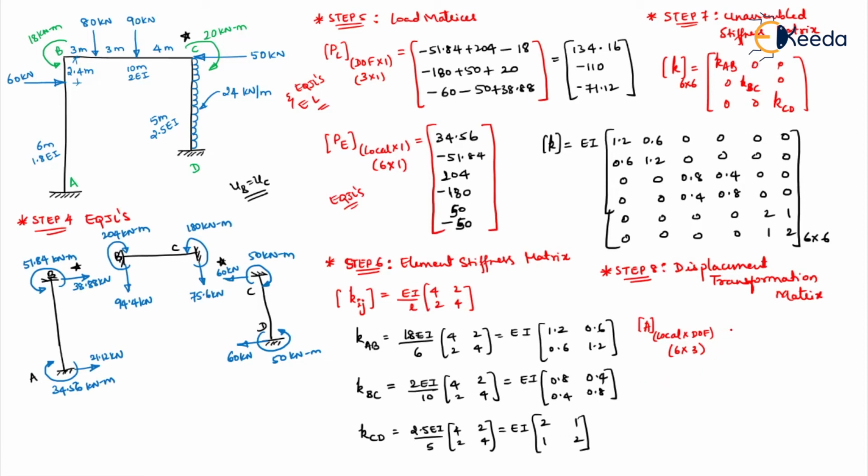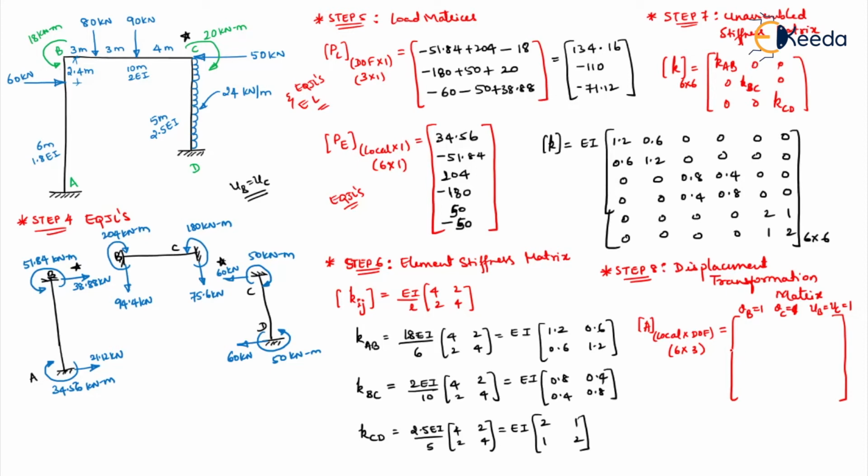So what you will do is at each global coordinate you will try to apply your unit displacement. So here theta b will be 1, then second theta c will be 1, then your ub will be equal to uc, that will be equal to 1. So if you apply this type of displacement, what will happen to your local coordinates is what you have to check.